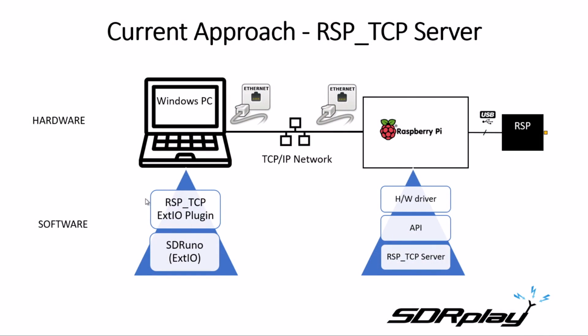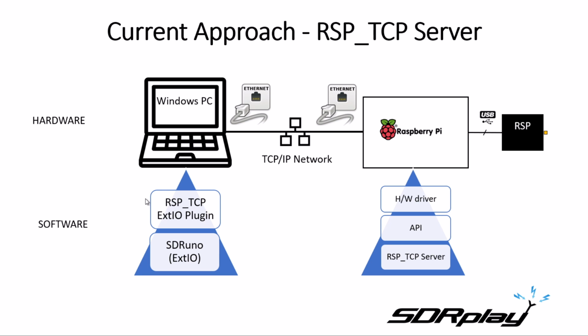Okay, so the current approach is for the RSP TCP server to be used on a server in conjunction with the EXTIO version of SDRuno on a Windows client. This has a number of benefits. Obviously you can use it across a wide area network, because you have the API and the hardware driver installed on the server, so you can apply decimation to the sample rate.